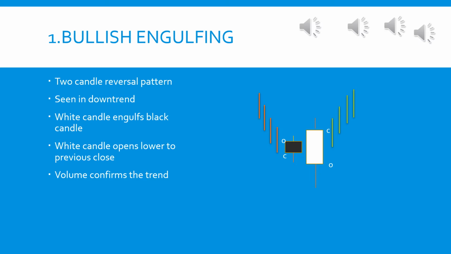In the downtrend, when a black candle is followed by a white candle, the white candle's opening is lower than the black candle. That means the sellers are trying to push the market down, but the buyers are picking up and suppressing the sellers and purchasing more and more shares of that company, due to which the trend is going to reverse and it becomes a bullish trend.